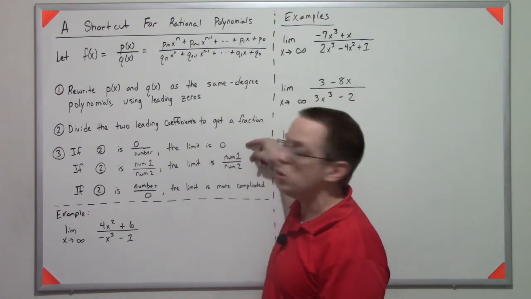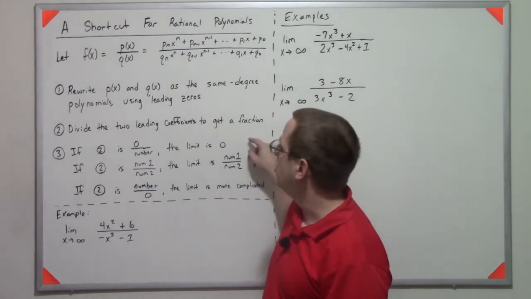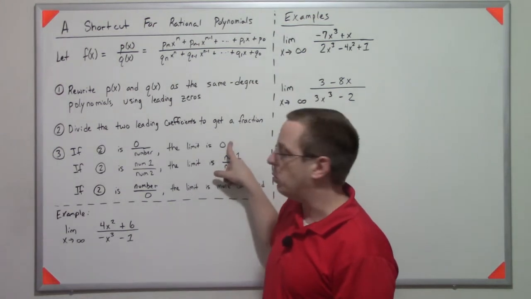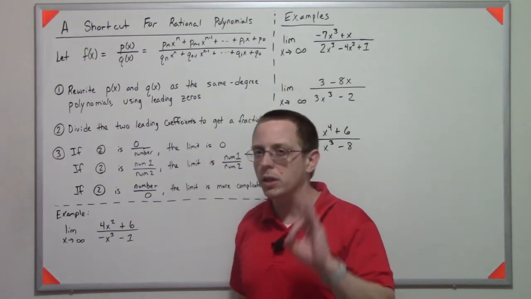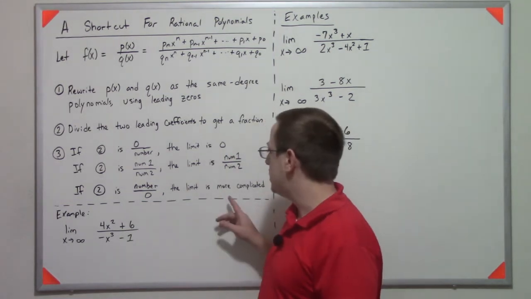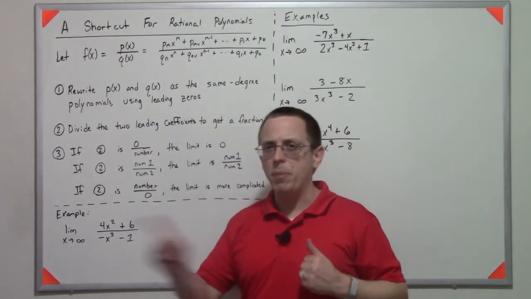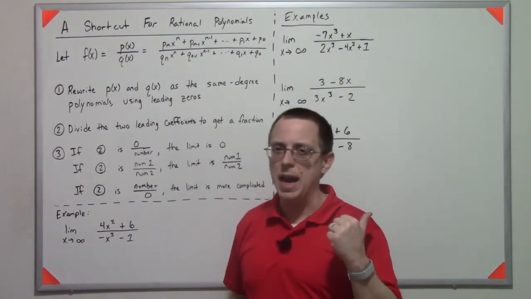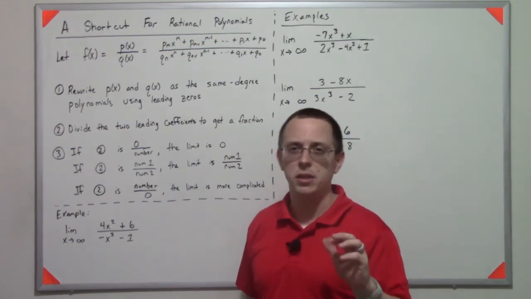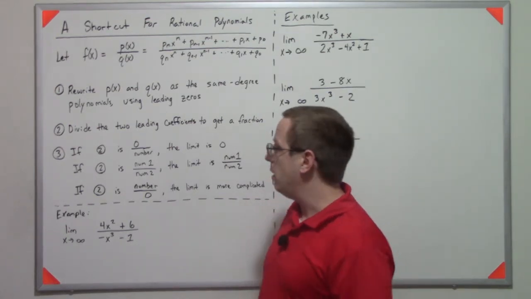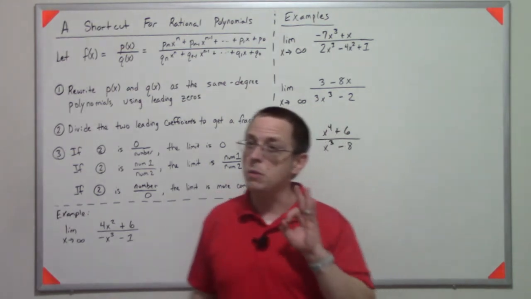Now notice that these two are technically the same thing, but sometimes it's helpful to break that out as a separate case. And then finally, if it's a number divided by 0, we're going to have to be a little more careful because you might end up at positive infinity or you might end up at negative infinity, depending on what the circumstances of the situation are. So in this particular case, you just need to be very careful.